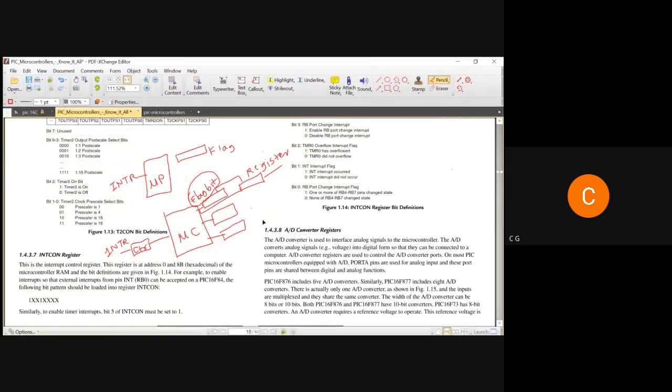Now the programmer has to know that when we are going to communicate with external events, how much time scale will be there, because everything works on the clock pulse. So first you have to think about the time scale. In that time scale, how many clock pulses are going to be utilized, and accordingly you have to scale the clock pulse, and then notify it into the flag bit here.